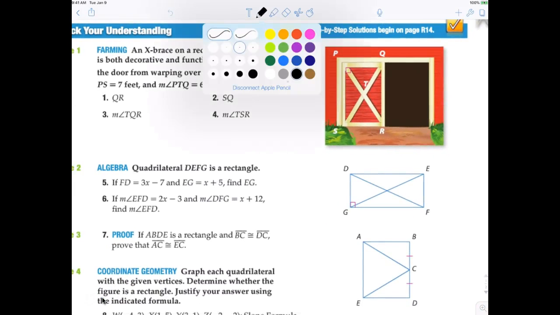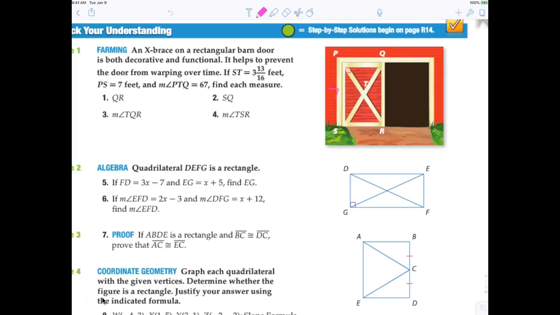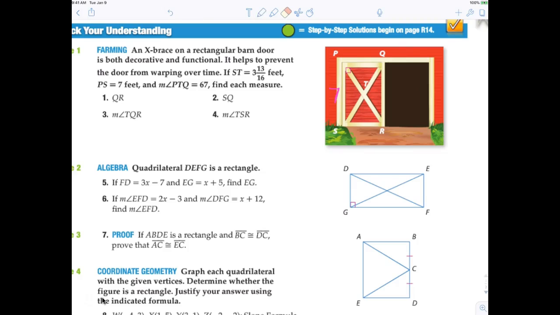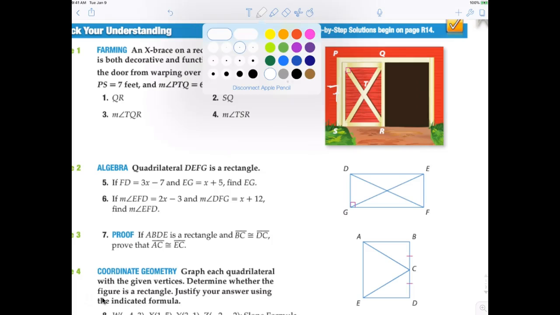So PS is 7, which automatically would make what? QR would have to be 7.